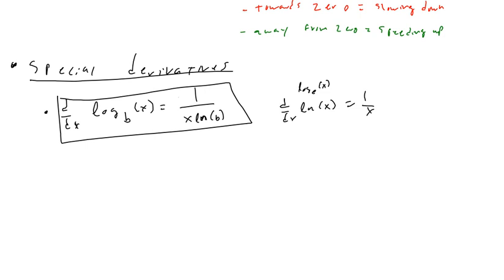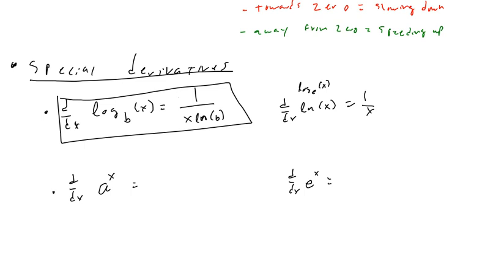Another special derivative is for an exponential, a to the power of x. The derivative of a to the power of x, and that again involves ln, right? So we know the derivative of e to the x is simply e to the x, right?